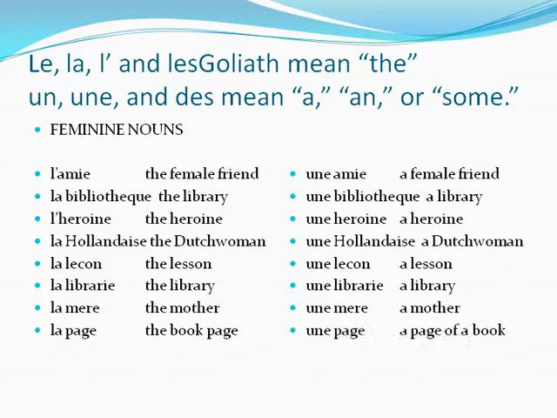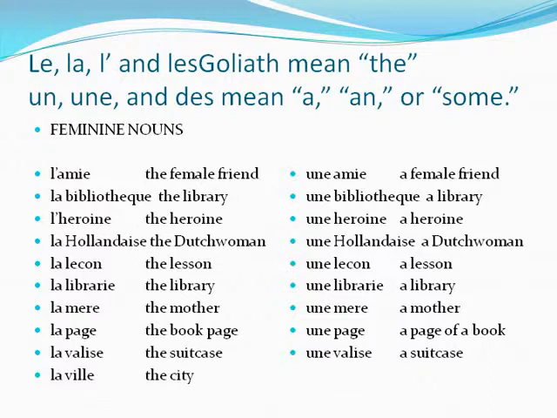La page, which is basically the page of a book. Une page, again, a page of the book. So it goes from the page of a book to a page of a book. La valise, the suitcase. Une valise, a suitcase. La ville, the city. Une ville, a city.